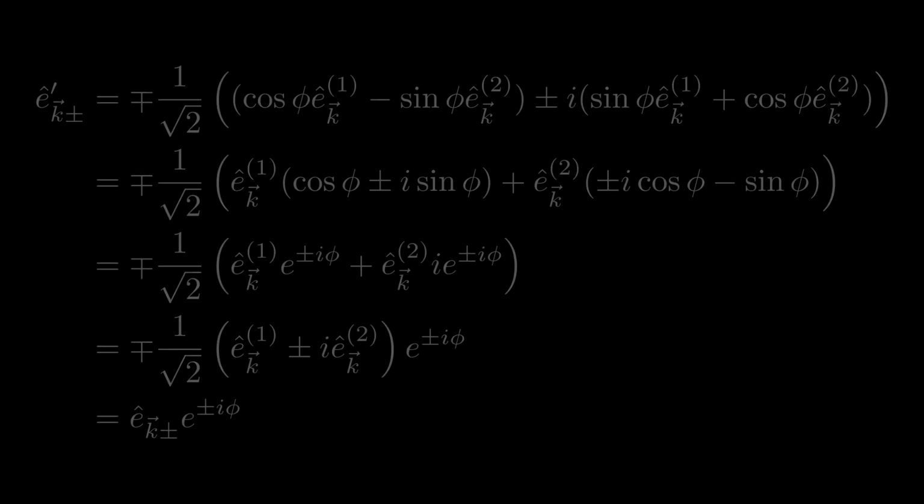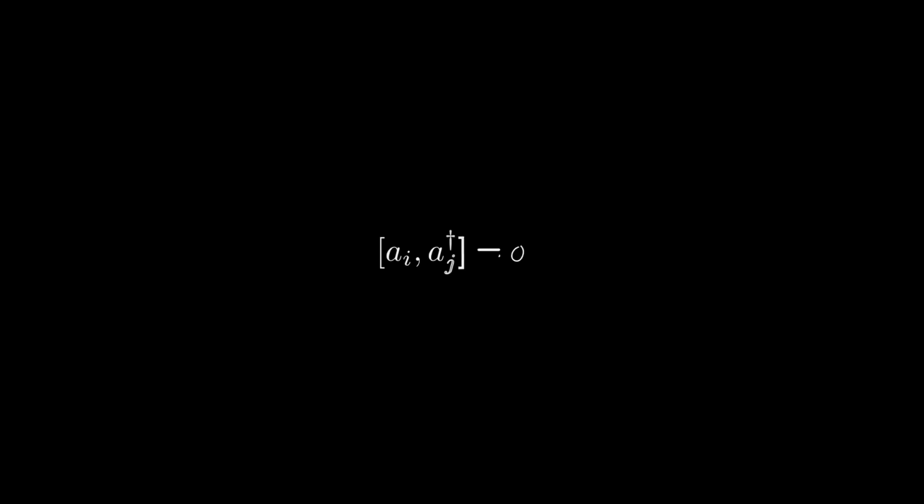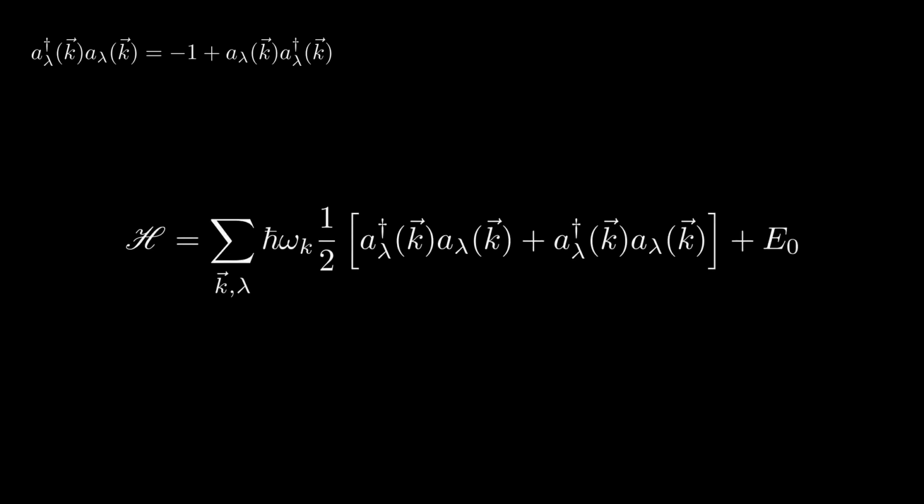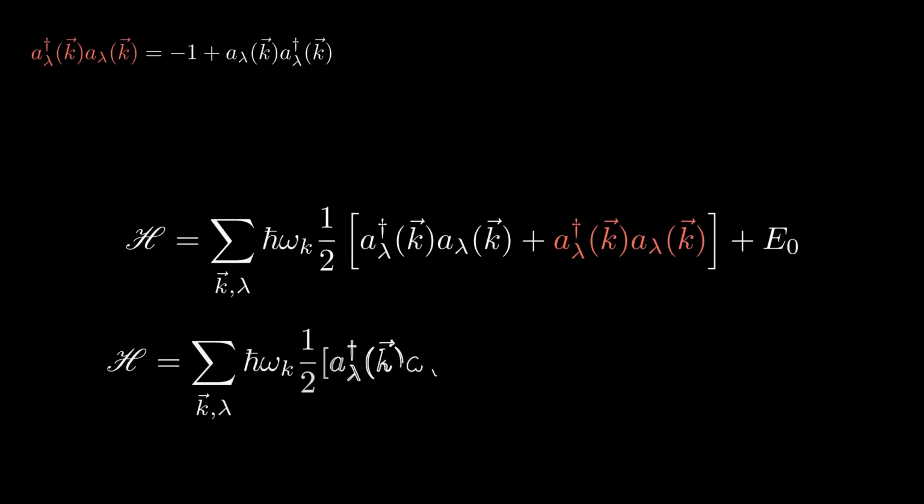Let us revisit the commutation result we had from earlier. It follows that reversing the order gives a -1, and then we can slightly rewrite it to get an expression for only A dagger multiplied by A. Now, using that result, we can substitute it into the Hamiltonian equation we had. In this case, we only substitute it into one of the terms, and we get the following result.